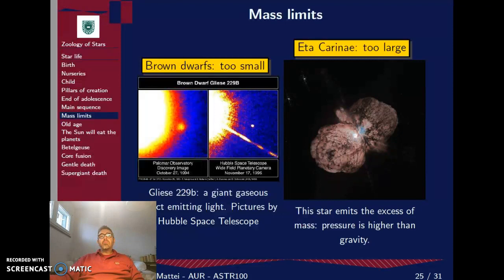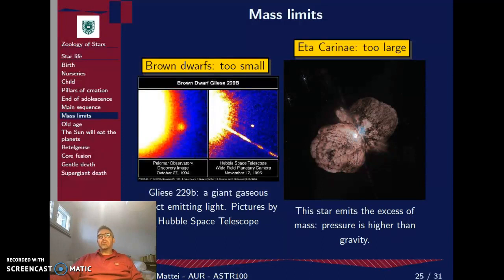What happens when we extend a little bit the mass limits of stars? We can have brown dwarfs when the stars are really small. In this case, we see the star Gliese 229b, which is actually a giant gaseous object which emits light.